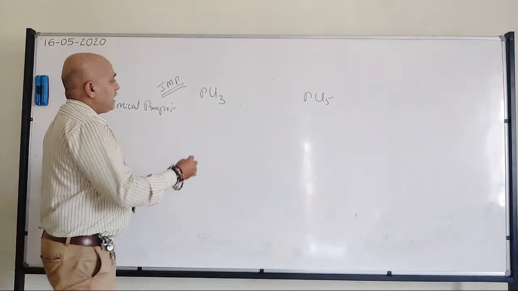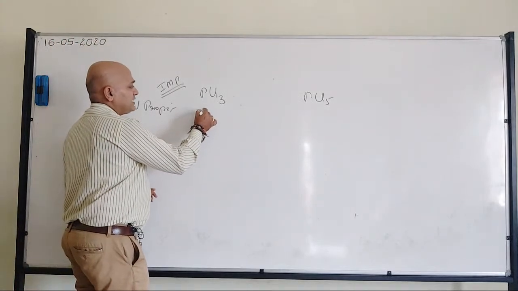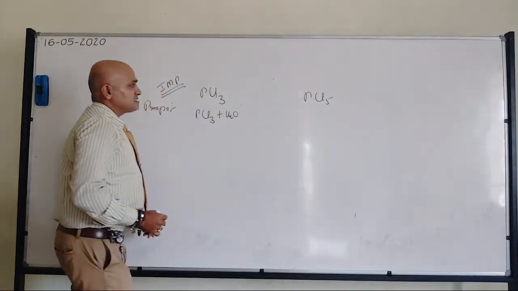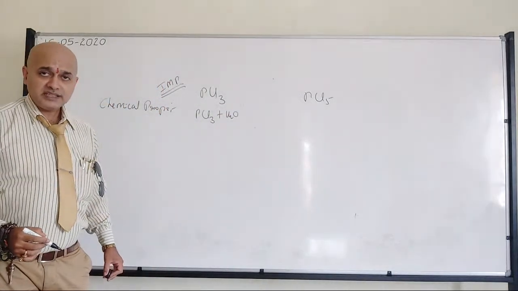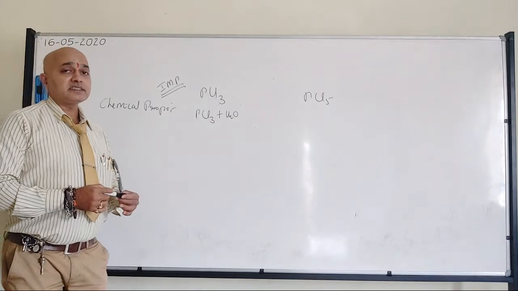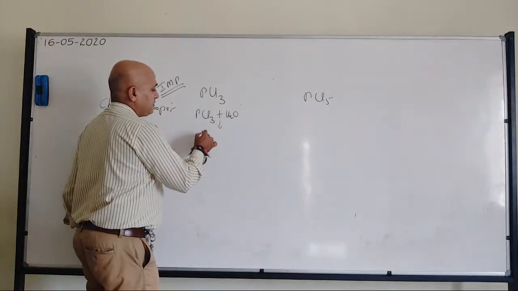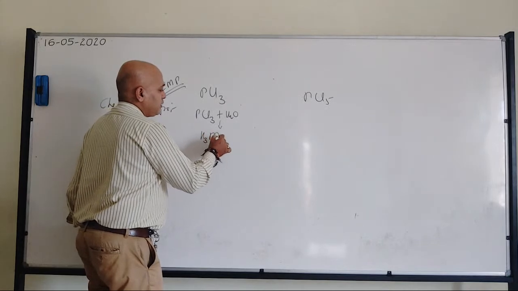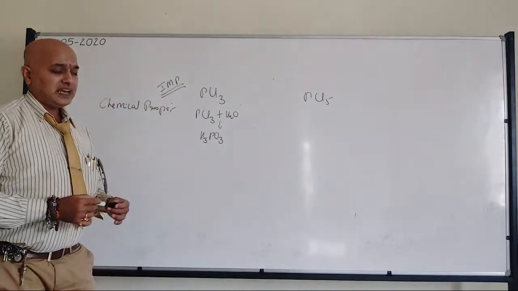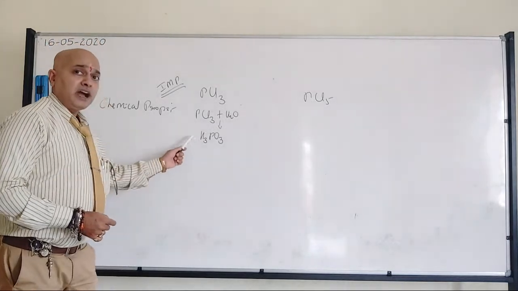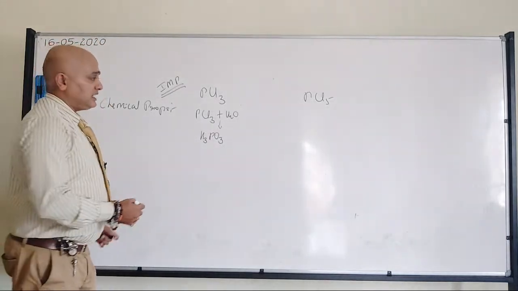Fine? So now, when it comes to hydrolysis, PCl3 in the presence of water will give rise to formation of H3PO3. Anyway, structure we have to discuss. It is there in your syllabus.